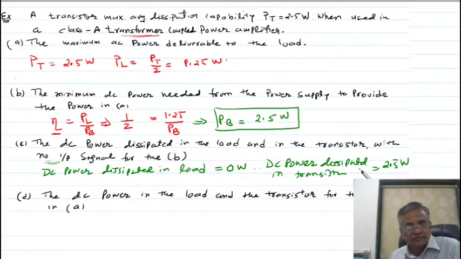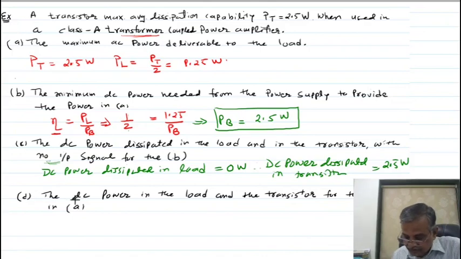In the previous problem, half of this power was dissipated. But in this problem, in the transformer coupled amplifier, the primary resistance of the transformer tends to 0, so ideally it is 0.